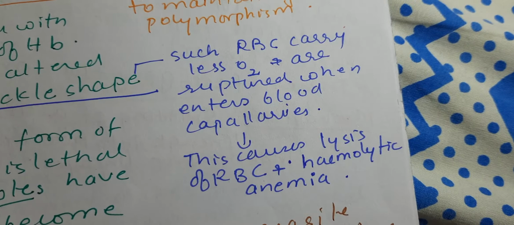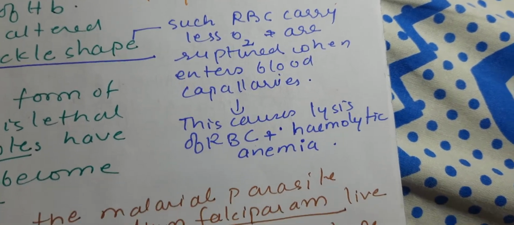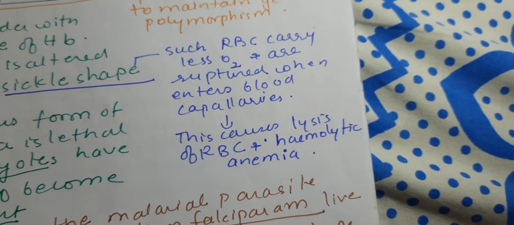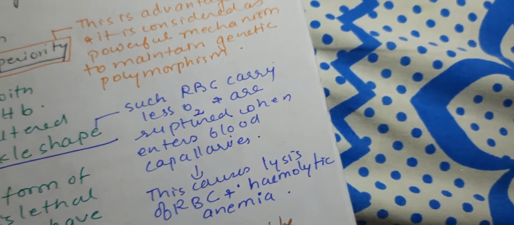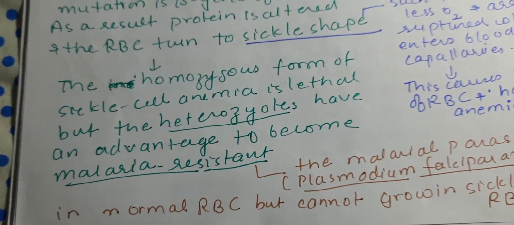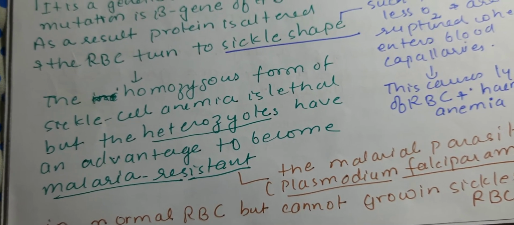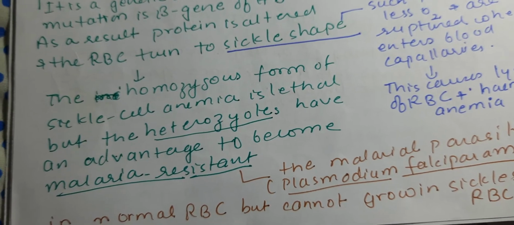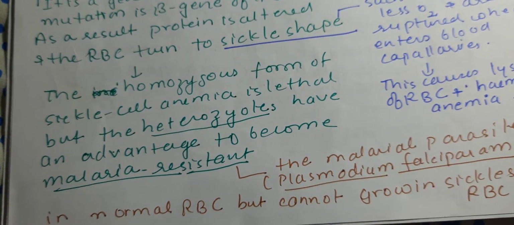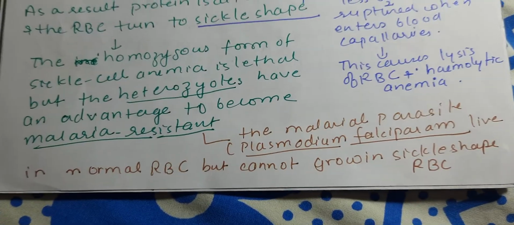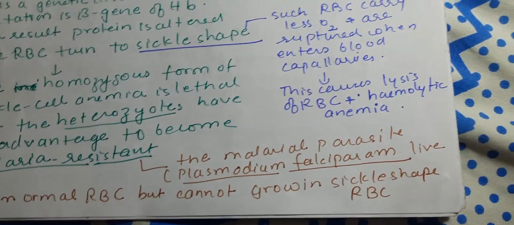Such RBCs carry less oxygen and they rupture when they enter the blood capillaries, and this causes lysis of the RBCs, or hemolytic anemia. The homozygous form of sickle cell anemia is lethal, but heterozygotes have an advantage: they become malaria resistant. The malaria parasite Plasmodium falciparum lives in normal RBCs but cannot grow in sickle shaped RBCs.